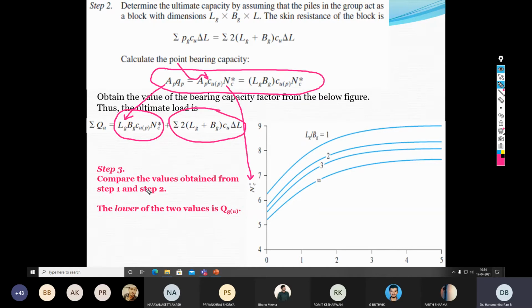Okay, so compare the values obtained from step 1 and step 2. The lower of the two values is regarded as the pile group capacity. If anybody has any question, please ask me.